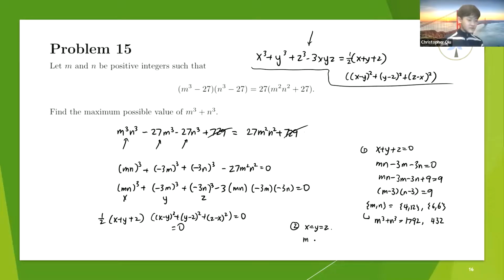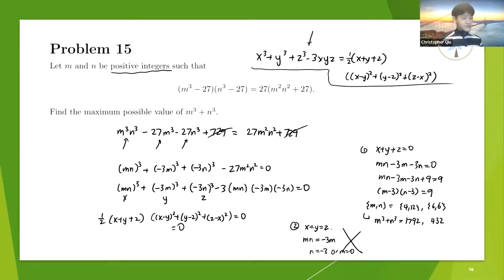And then we can see that since x equals y, mn is equal to negative 3m. And this forces n equals negative 3 or m equals 0. And this is impossible since m and n must both be positive integers as given in the problem. So this case is impossible.